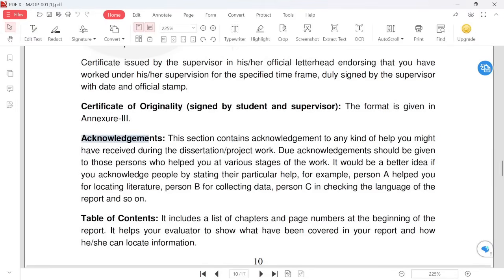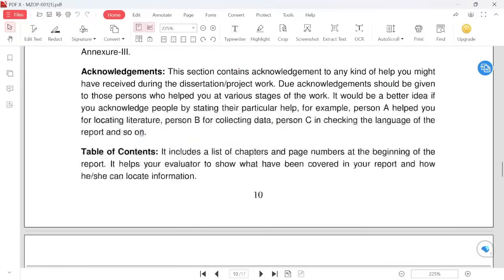The third one is acknowledgement. Let's read it. This section contains acknowledgement to any kind of help you might have received during the dissertation project work. Acknowledgement should be given to those persons who helped you at various stages. Now the table of contents.